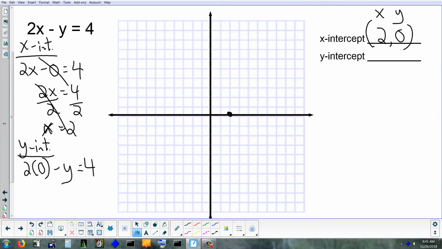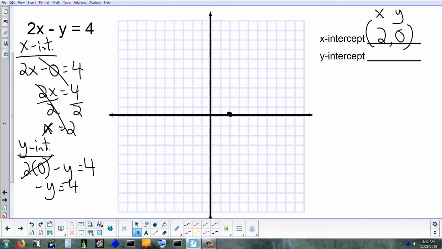Alright, so again, I'm just going to cross out whatever's with the 0. Now be careful here. Because you're probably thinking to yourself, well, I got y by itself now, I'm done. So I'm going to bring down what's left.